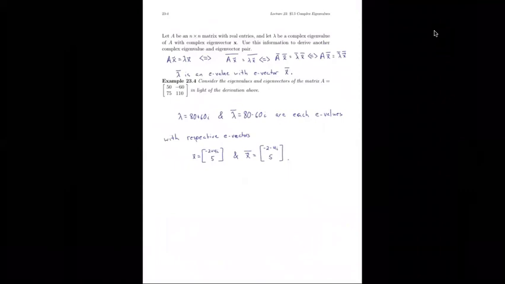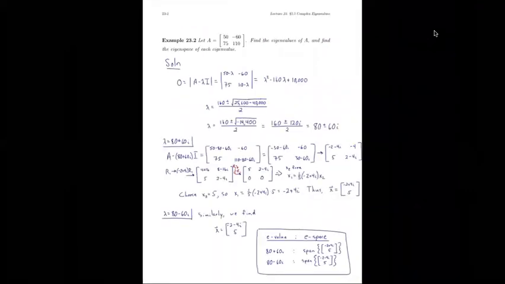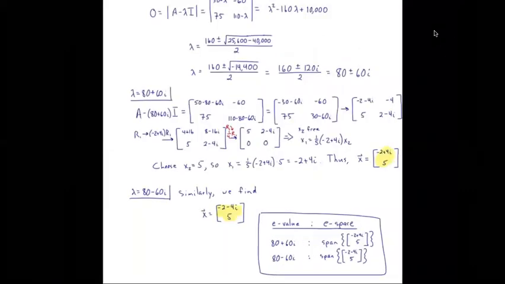So let's see, there was something curious about this main example that we've done here today, right? We had this eigenvalue with its sister pair eigenvalue of 80 minus 60i, right? And we found this eigenvector looks suspiciously like this other eigenvector.